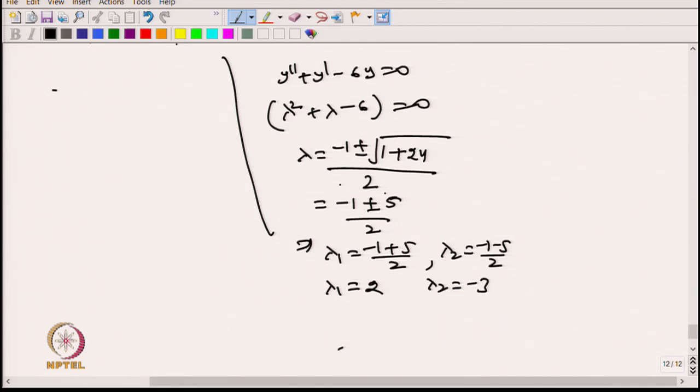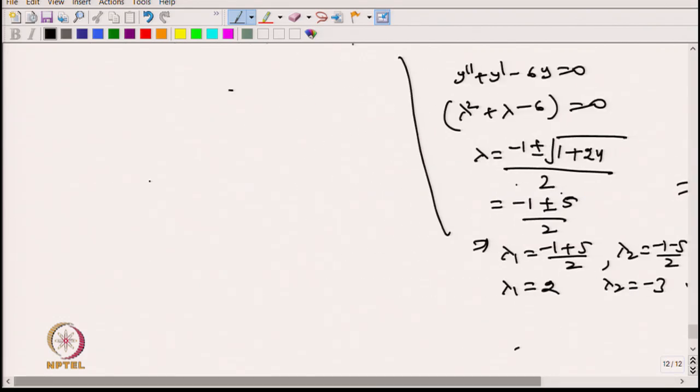After solving this, I can define my y_c(x), and these will be linearly independent. So, my y_c(x) will be c1 e raised to power 2x plus c2 e raised to power minus 3x. So, I am able to find my complementary solution.